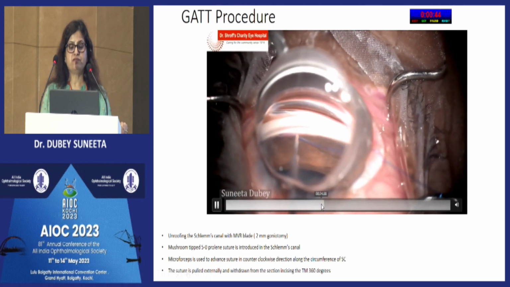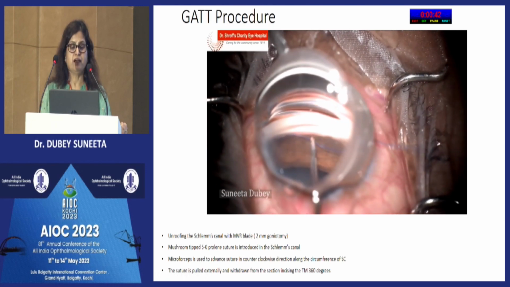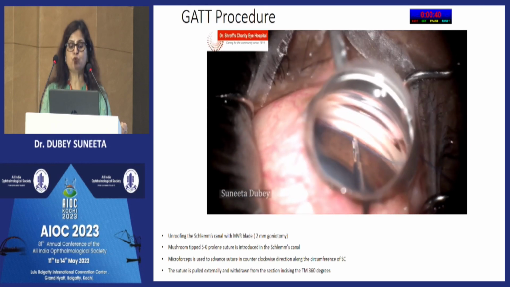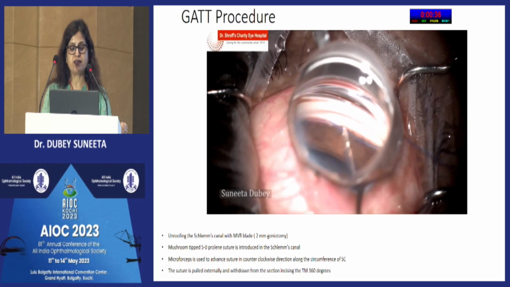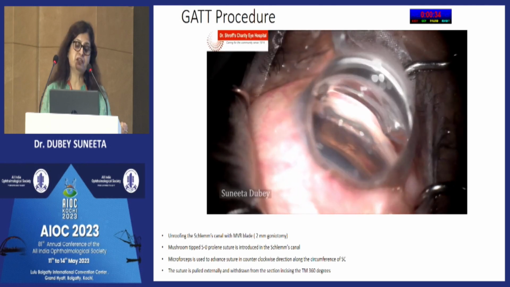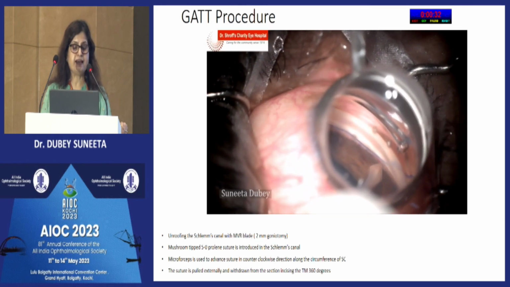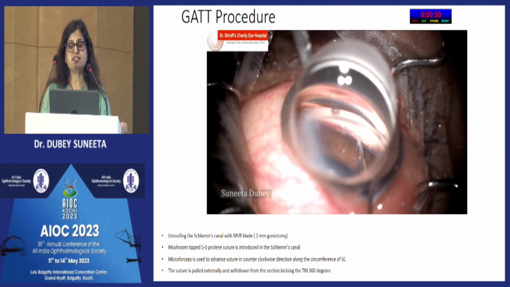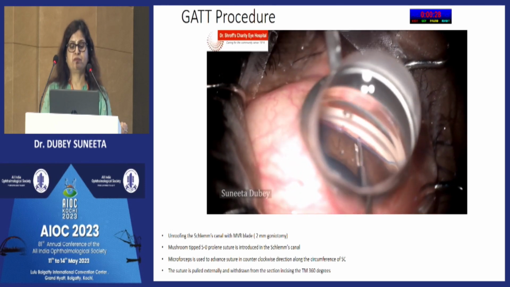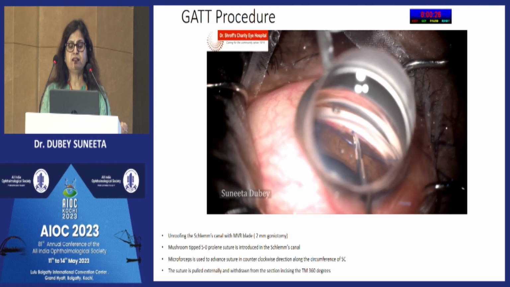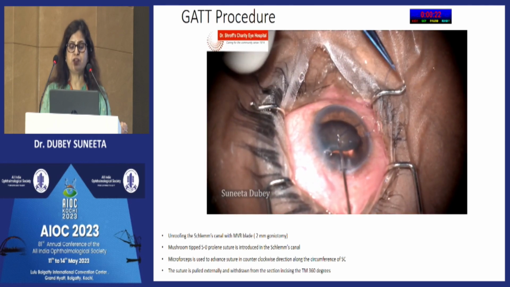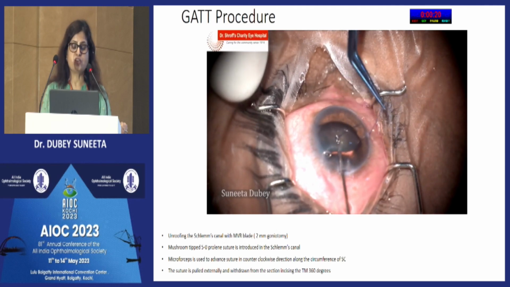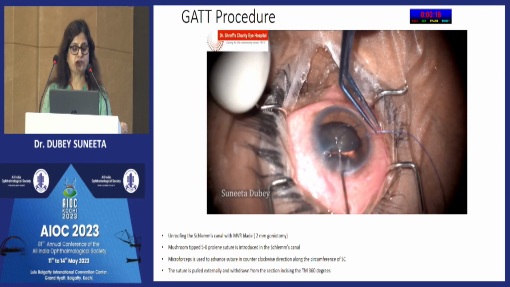So once you have done the goniotomy, you should use this mushroom-tipped proline suture and advance it in a counterclockwise direction along the circumference of Schlemm's canal, and you should not feel any resistance. Because if you're feeling resistance, then you may not be in the Schlemm's canal. You just pull it on the other side so as to incise the trabecular meshwork 360 degrees.